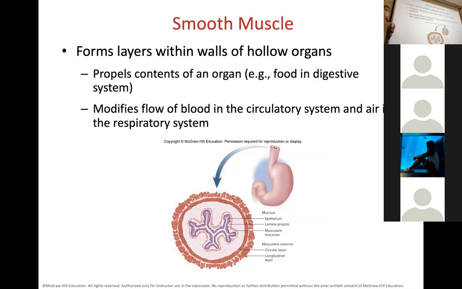So the muscle will contract in our blood vessels to allow for specific levels of blood pressure, to keep blood from pooling down in our feet when we're standing up, that kind of stuff. But in the digestive system, it's propelling food through the digestive system.